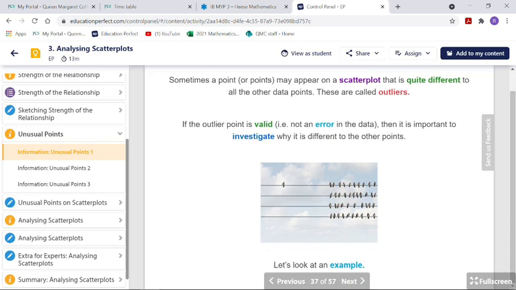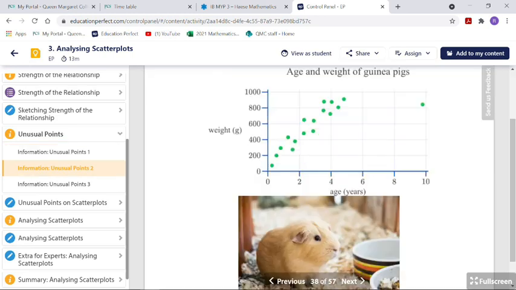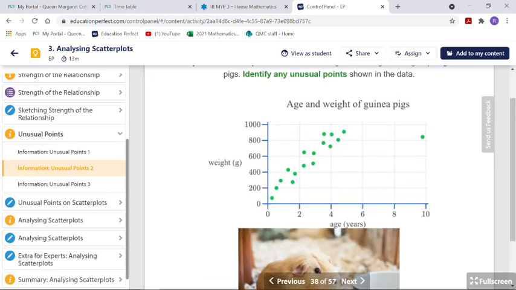So let's look at an example of this. So here we go. We have most of our data has a strong linear positive relationship. Do you agree? Yeah. But what's weird? That one outlier. Okay? So if you have something like that and you've checked your data, most of the time it's just a mistake.